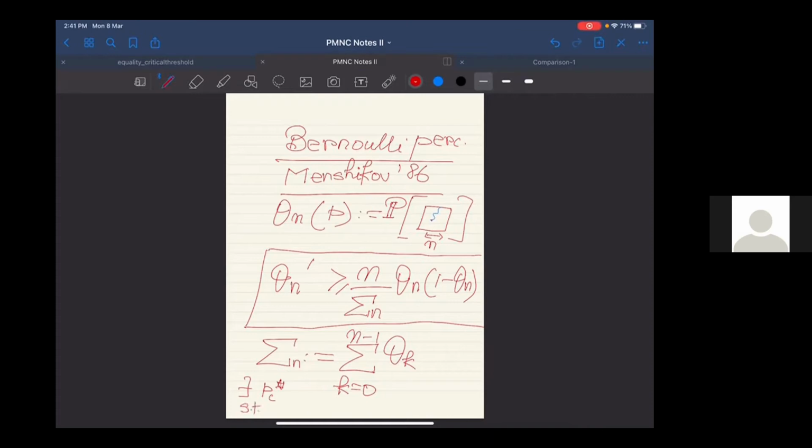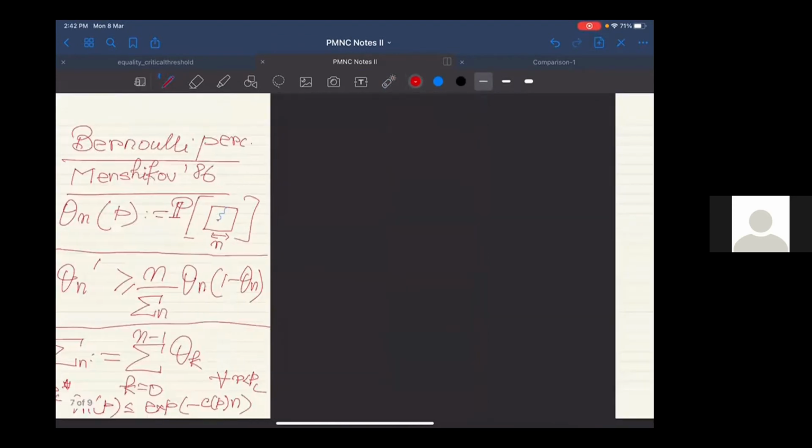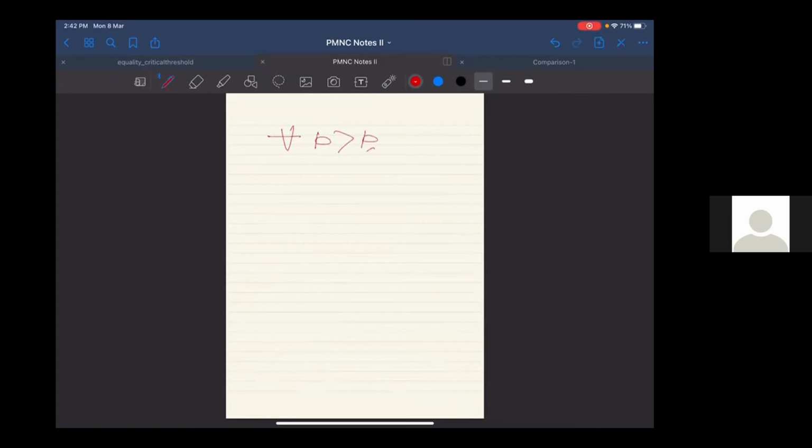So it says that theta n of p would be less than or equal to exponential of minus c p times n for all p less than pc star, and for all p bigger than pc star, you'll be able to prove that, taking the limit as n tends to infinity of theta n of p, this is a converging sequence, remember, so this will be the percolation probability, for our case, it would be bigger than or equal to, I think, p minus pc star.